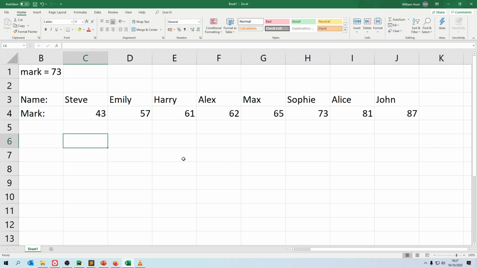Now, one thing that's good about it is the data does not need to be sorted. It is sorted in this example, but it doesn't matter what the nature of the data is. It's just going to try every single element. Another good thing is that it can find things almost instantly, because if we were looking for the student whose mark was 57, it would almost immediately find it.